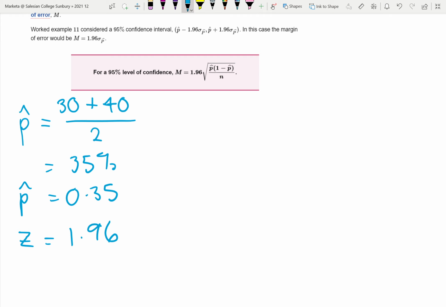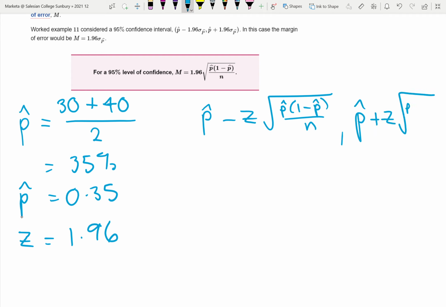So let's see. If we were doing a confidence interval, well, we would have p hat minus Z root p hat (1 minus p hat) over n, comma, p hat plus Z root p hat (1 minus p hat) over n.